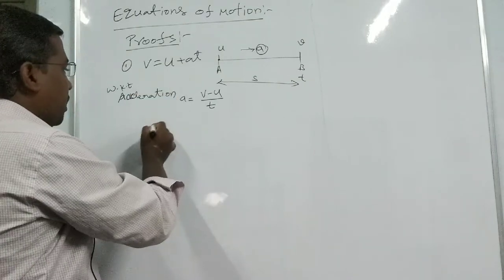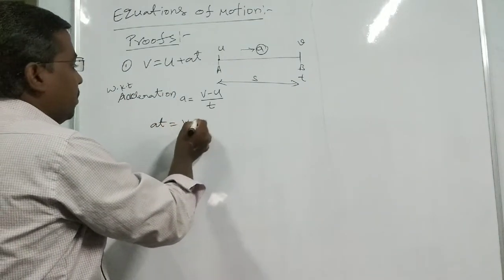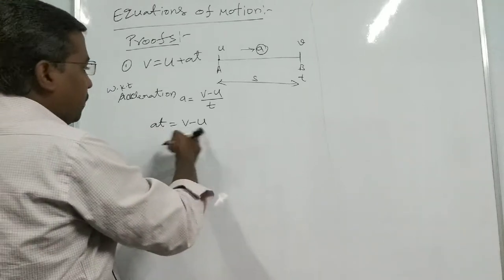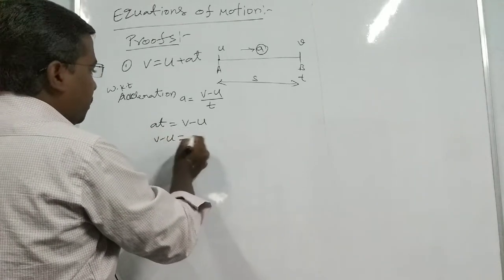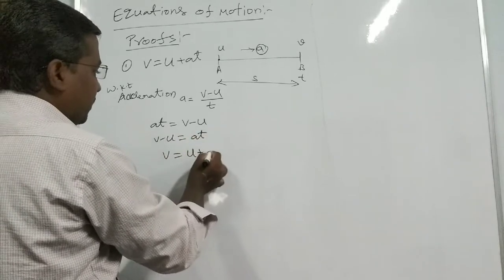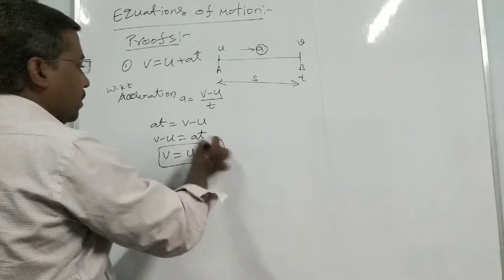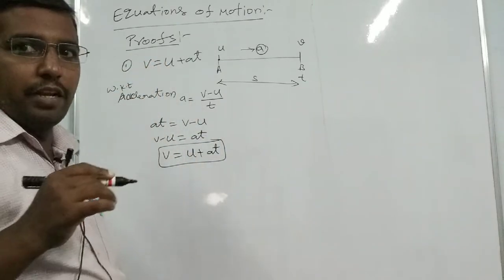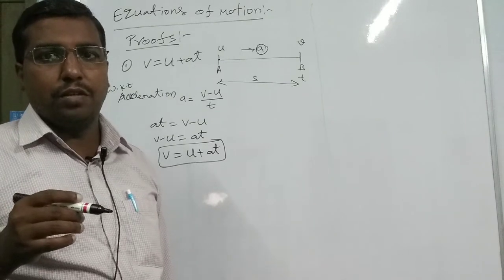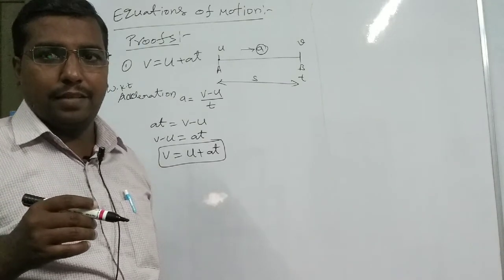Now at equal to v minus u. Therefore v minus u equal to at, and v equal to u plus at. By using the acceleration formula, we have proved the first equation of motion, v equal to u plus at.